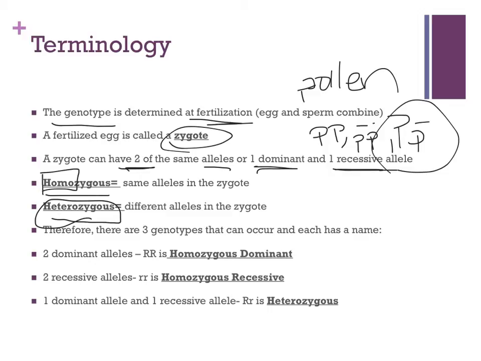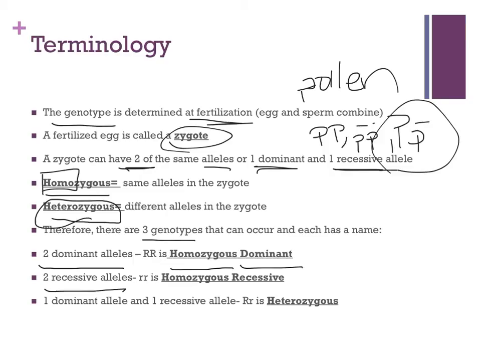Okay, so if you're following along, there are 3 different genotypes that can occur so far, and each has a name. If we have 2 dominant alleles, which would be 2 capital letters, we're going to call that homozygous dominant, 2 of the same, dominant. Pretty easy, just combining our 2 vocab terms there.